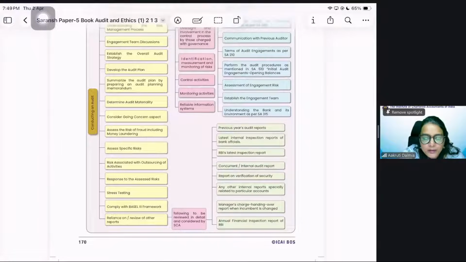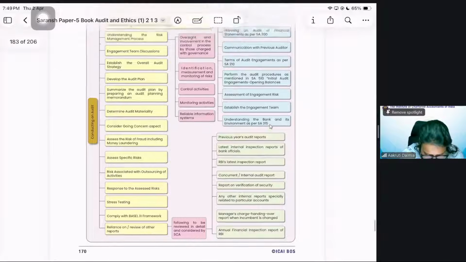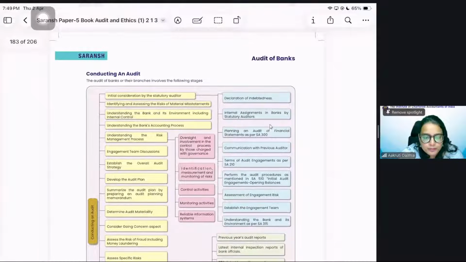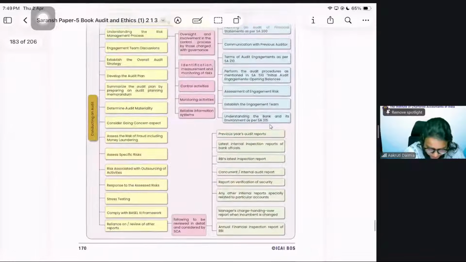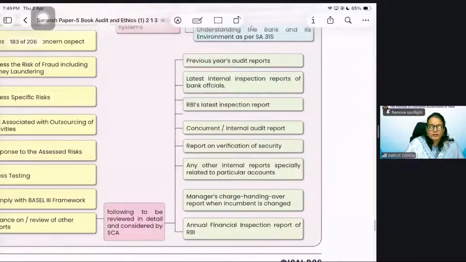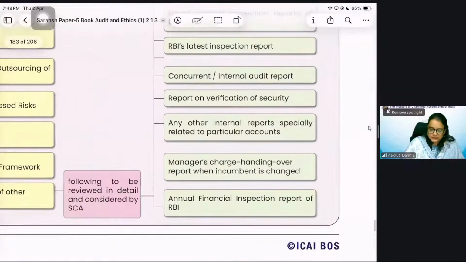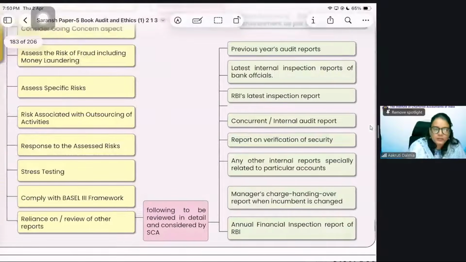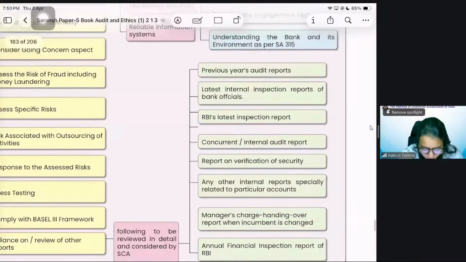So all of you, open 10.21 of your main book, and I am showing you the Saransh also here. If you see on 10.21, you will see other reports. Following are the reliance on other reports during the audit. And in that you will see a list.